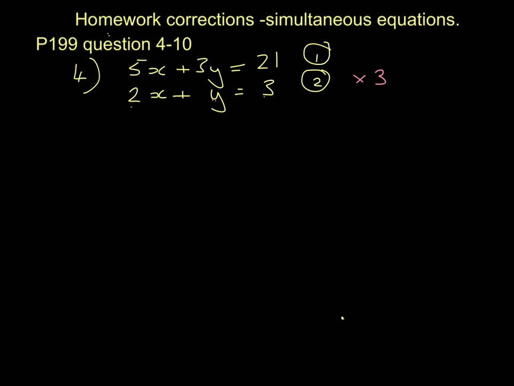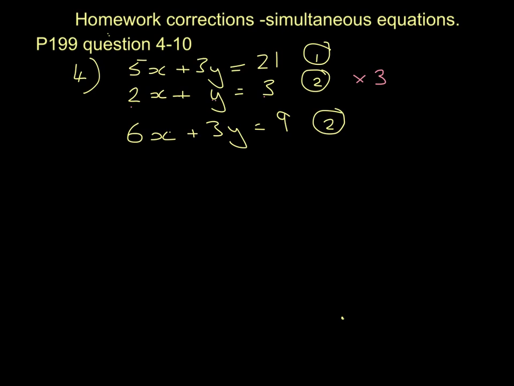So let's try and do that. We have 3 2x's is 6x, 3 y's is plus 3y, and 3 3's are 9. This is my new equation 2.